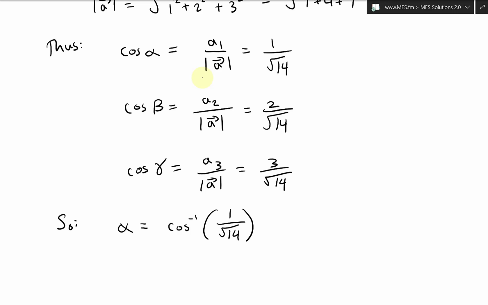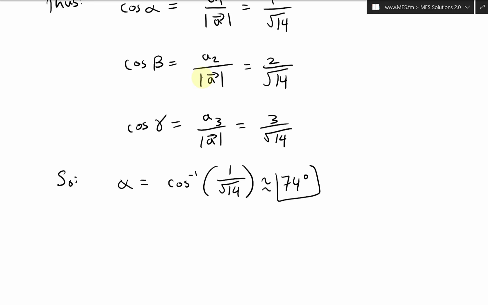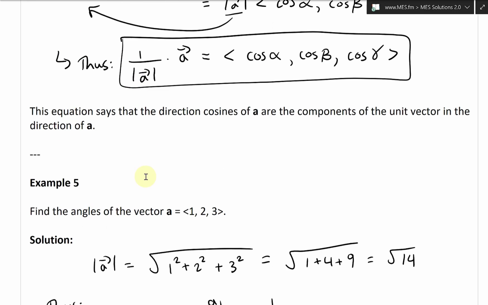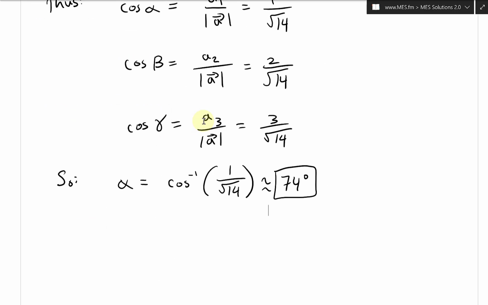If you plug this into the calculator, you should get around 74 degrees. I'll box this out because that's what we're asked to find. We're asked to find all of the angles of this vector. So 74 degrees, and then the next one is beta equals cosine inverse of 2 over square root 14.